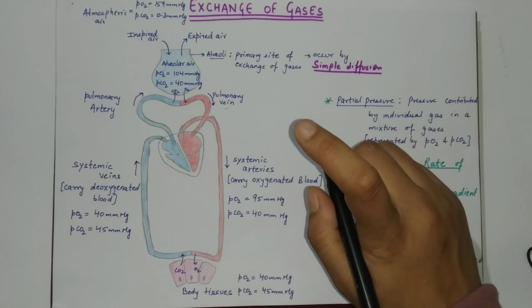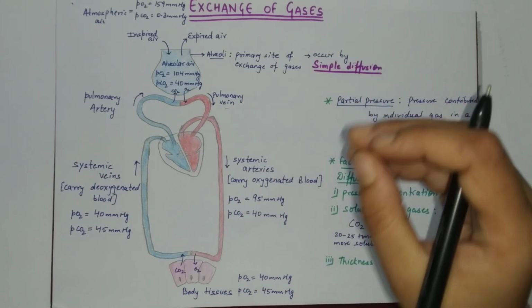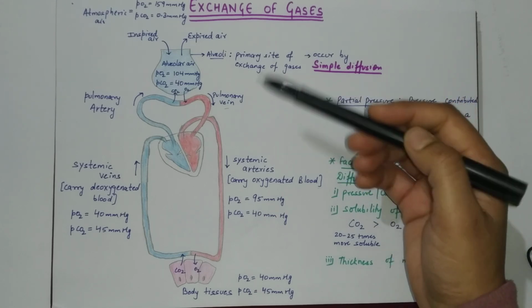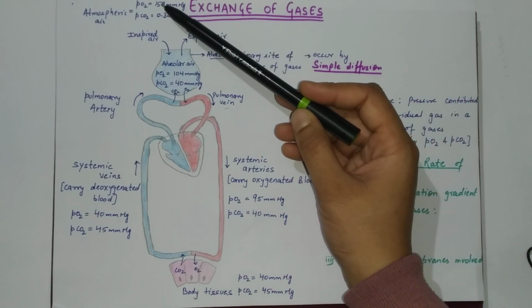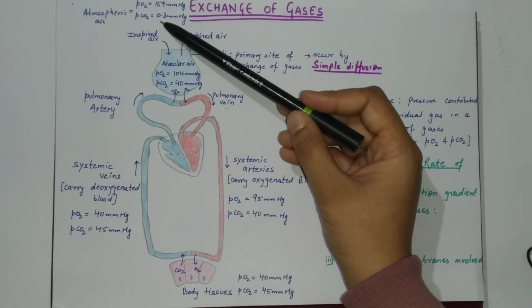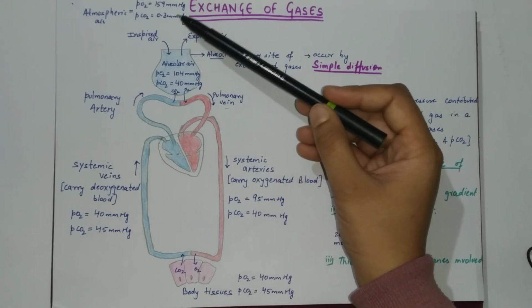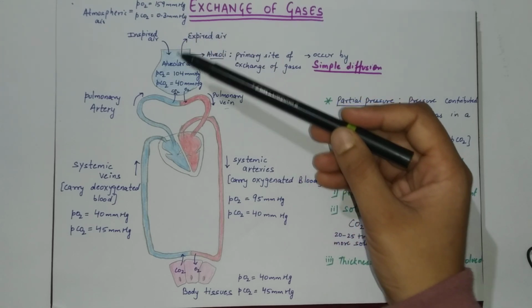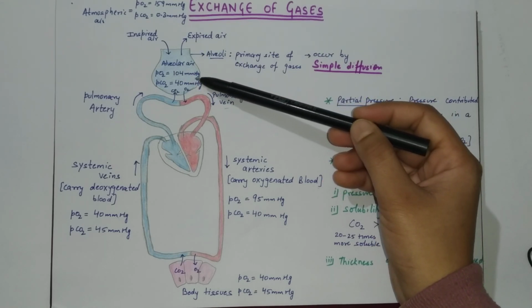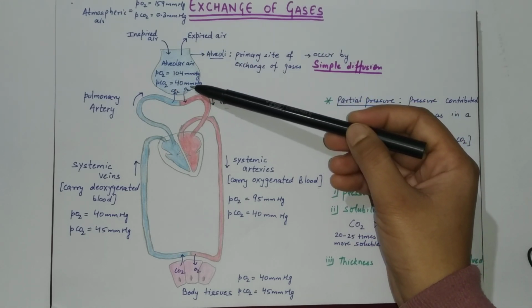Any gas always moves from a higher partial pressure to a lower partial pressure. Like in the atmosphere, the partial pressure of oxygen is 159 mmHg, and that of carbon dioxide is 0.3 mmHg. And in alveoli, PO2 is 104 mmHg and PCO2 is 40 mmHg.